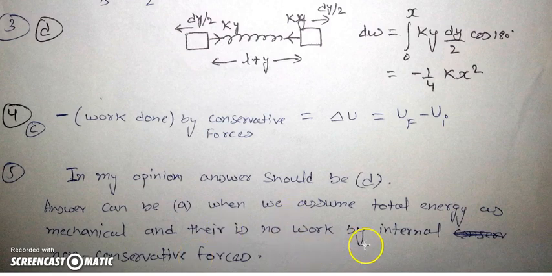So if we assume that no work is done by them, then answer will be A. I think this book has assumed that, which in my opinion is not a very accurate assumption, and in my opinion answer should be D.